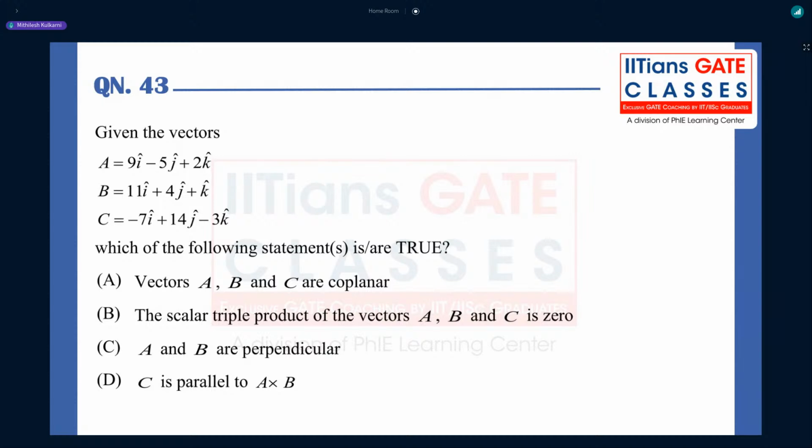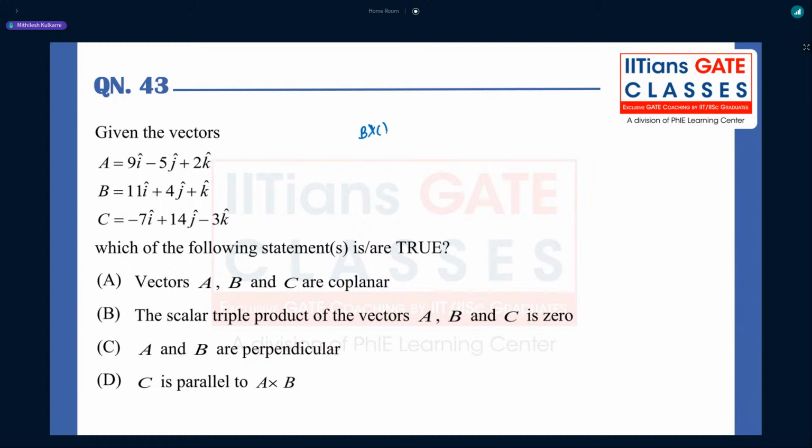So let's try to calculate the scalar triple product of A, B, C: 9, 5, and 2. First you have to do B cross C, and then take a dot product with A. So B cross C, let's do it here itself.